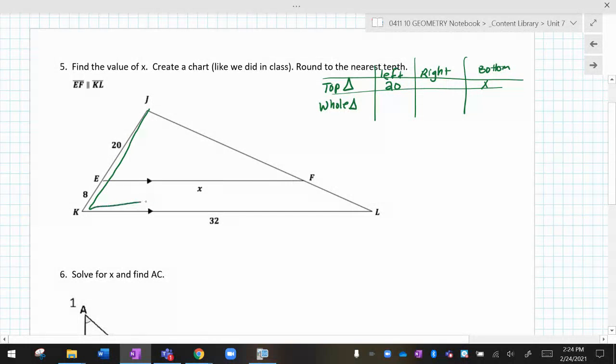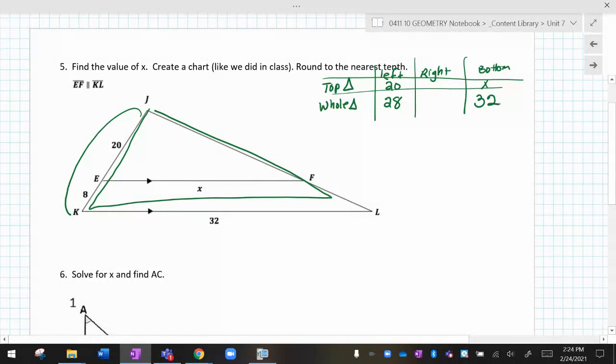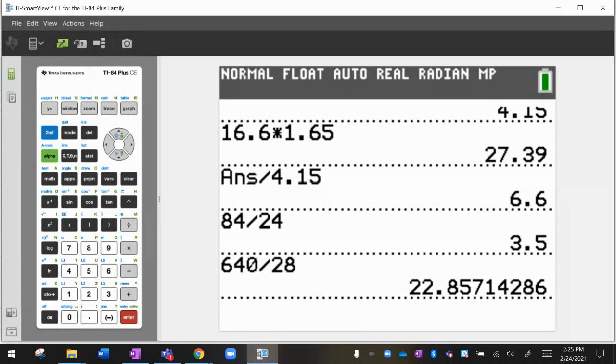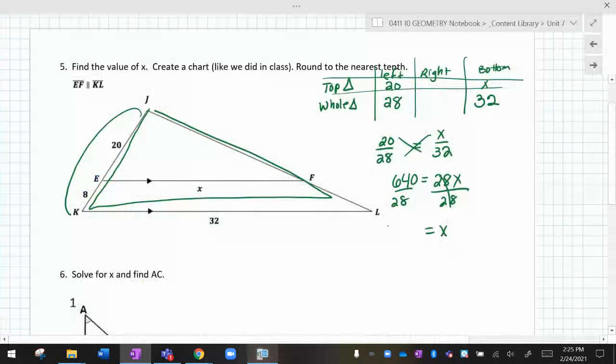For the whole triangle, the left-hand side is 28, the right-hand side I don't know, and the bottom is 32. So 20 to 28 equals x to 32. Cross multiply, 20 times 32 is going to be 640. And then if I divide by 28, I get 22.857. 22.85 would be 22.9.